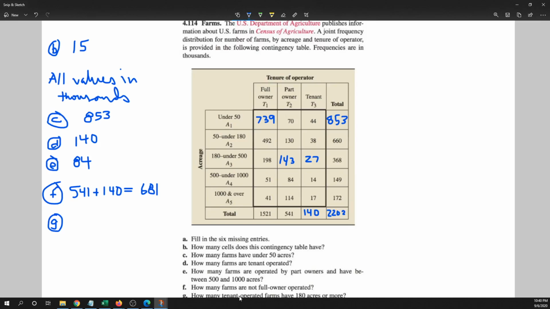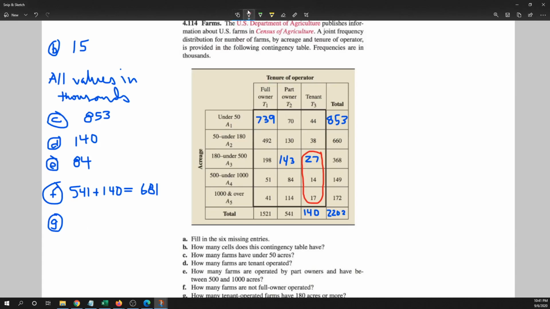It says how many tenant operated farms have 180 acres or more. So tenant, it would be all of the ones in this column, just the tenant farms that have 180 acres or more. So that would be these three right here, right? Tenant farms, and so those are tenant farms and 180 acres or more. So that would fit the bill.